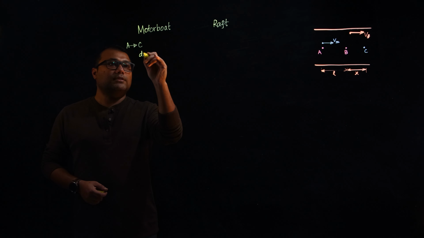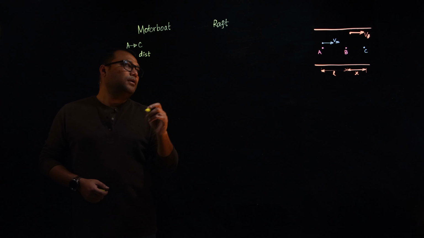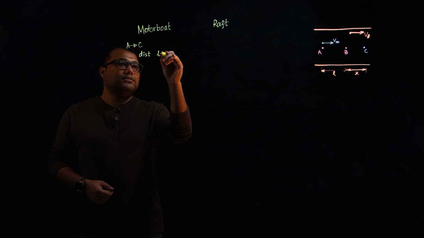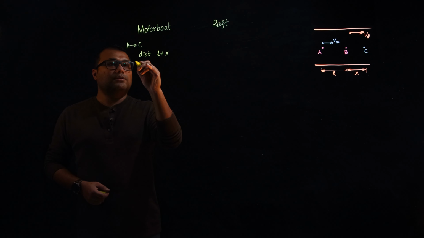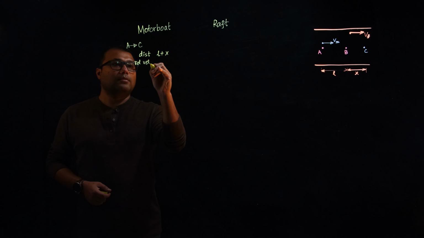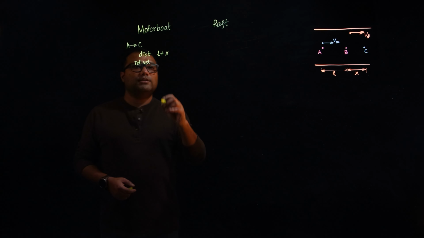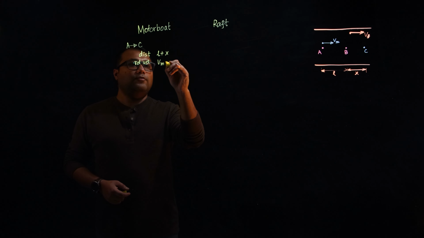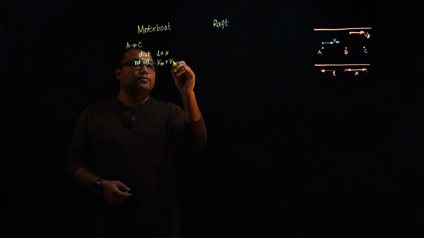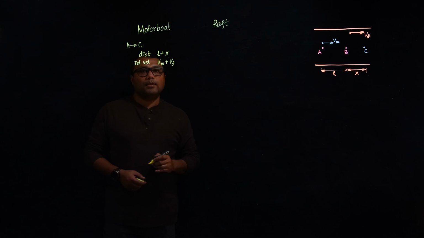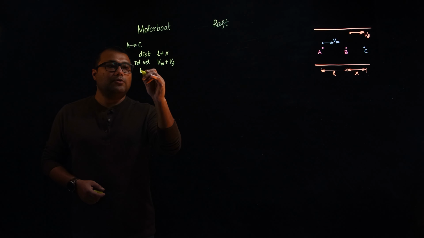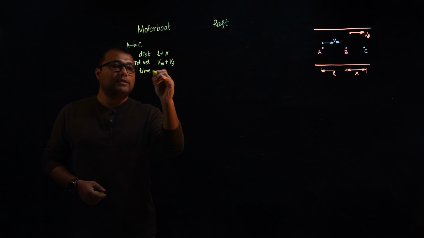The total distance is L plus x. Its relative velocity is Vm plus Vf, the flow velocity, and the time it took to make that journey is given as tau.